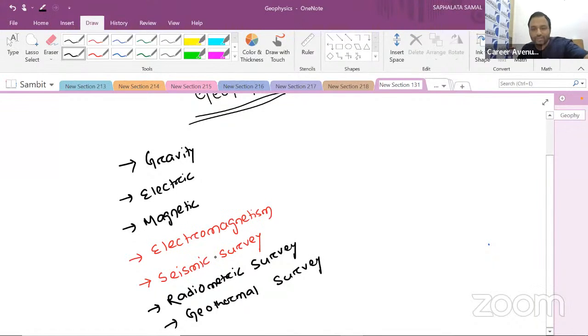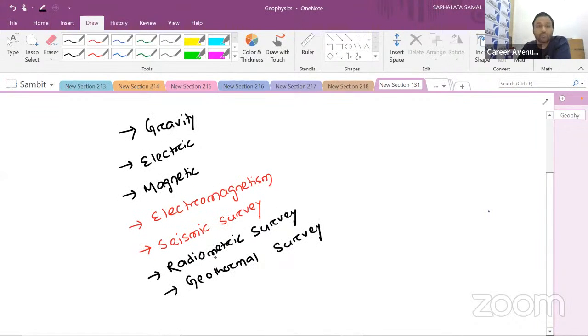So these are the methods we are going to discuss. These three, gravity, electric, and magnetic, are called the field methods. Then, combining the electric and magnetic methods, we'll discuss electromagnetism. Then we'll discuss seismic, then radiometric and geothermal.